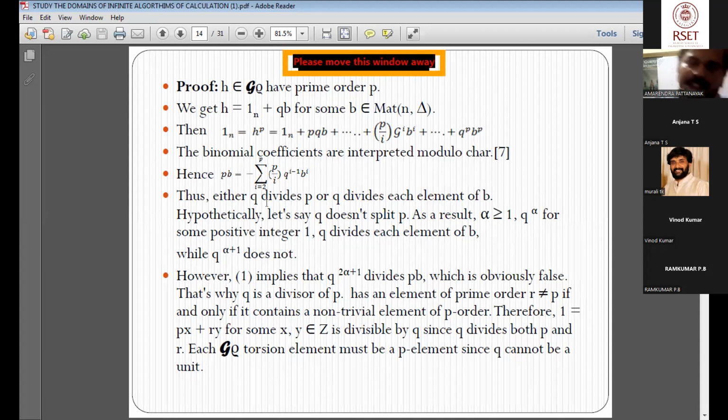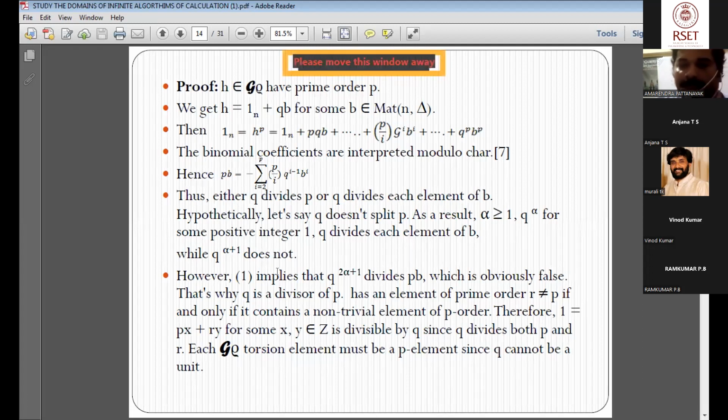Thus, either Q divides p or Q divides each element of B. Hypothetically, let's say Q does not divide p. As a result, there is alpha greater than 1, Q to the power alpha for some positive integer. Q divides each element of pB, while Q to the power alpha plus 1 does not.